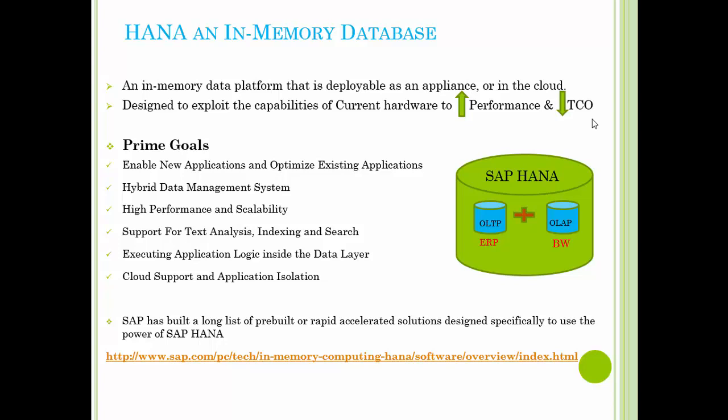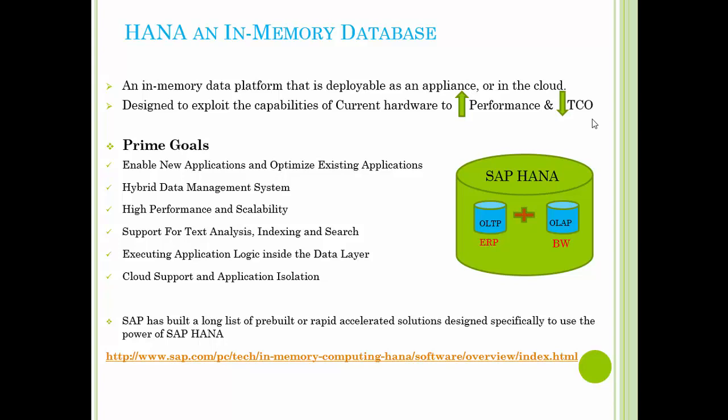SAP HANA is a merger of software, hardware, and creative ideas that afforded SAP the opportunity to rethink the database platform as a whole. And this opportunity to develop this technology from the ground up, without the constraints of the legacy relational database management system vendors, innovation has now given an inevitable result.